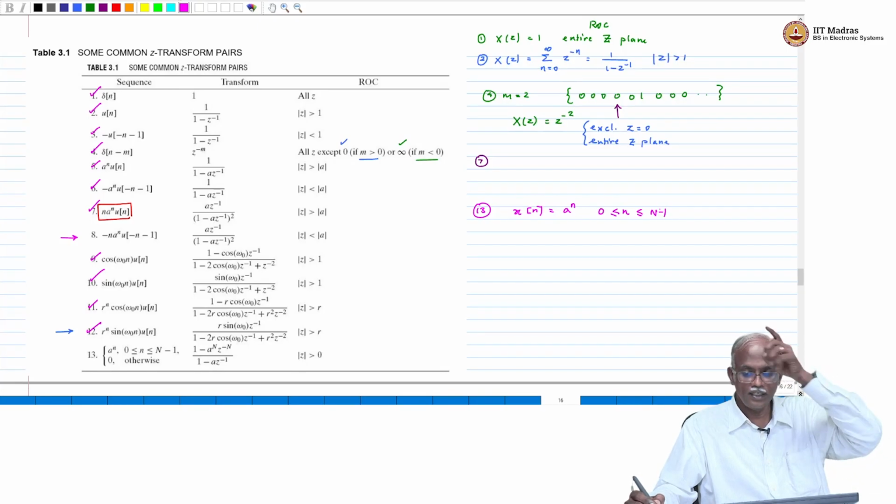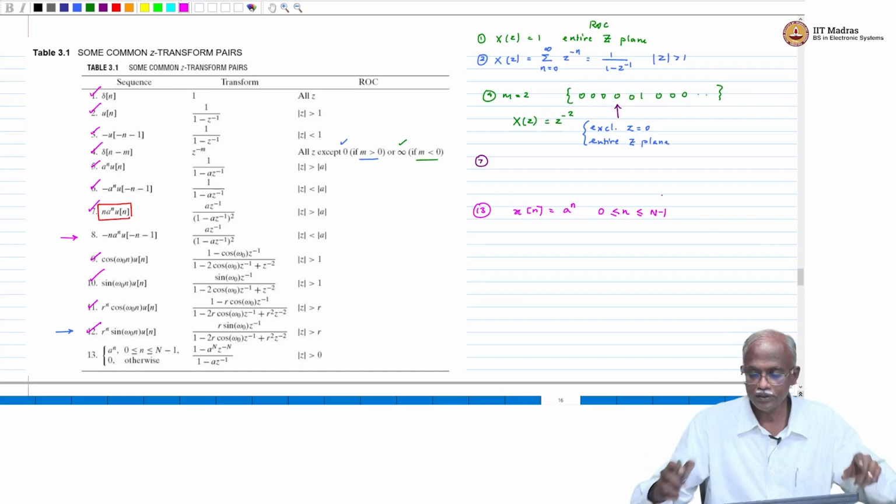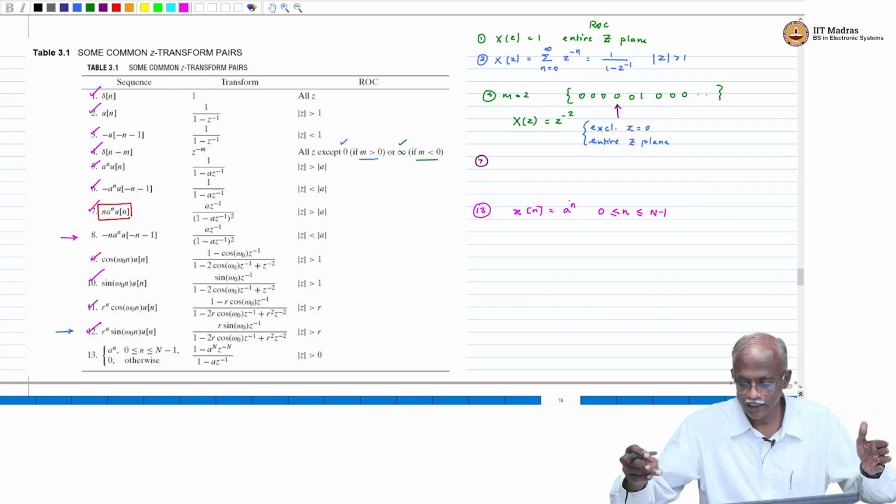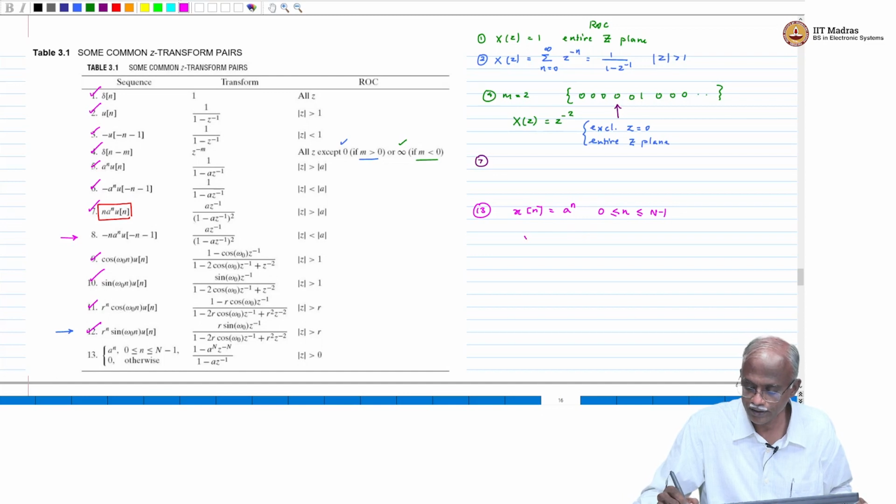And if you remember, we wrote down this is a finite length sequence, and we said that this can be written as 1 minus a^N z^-N divided by 1 minus a z inverse.